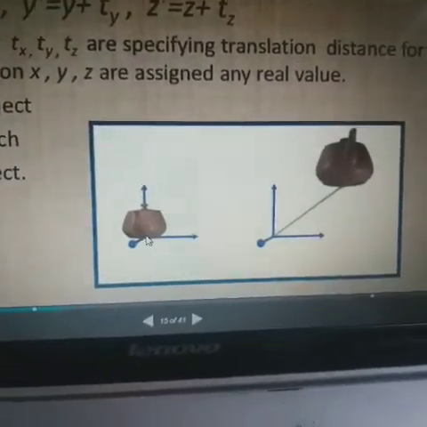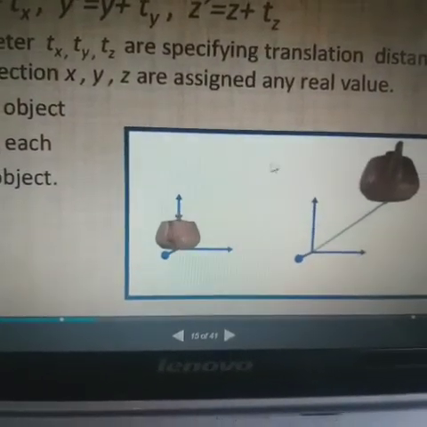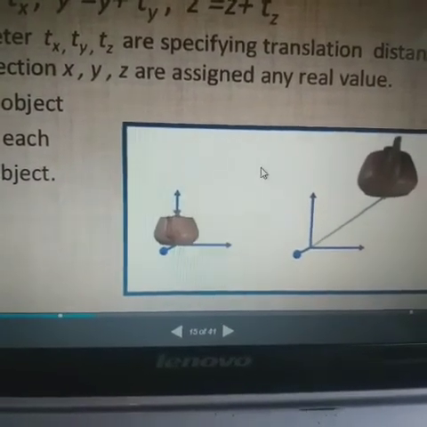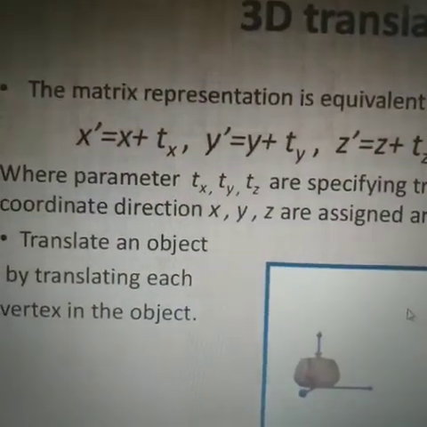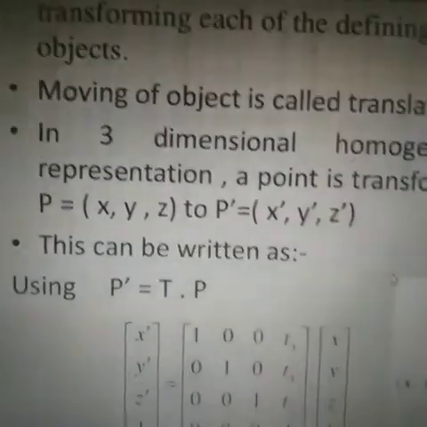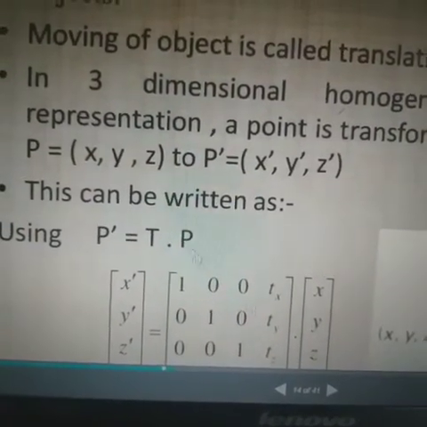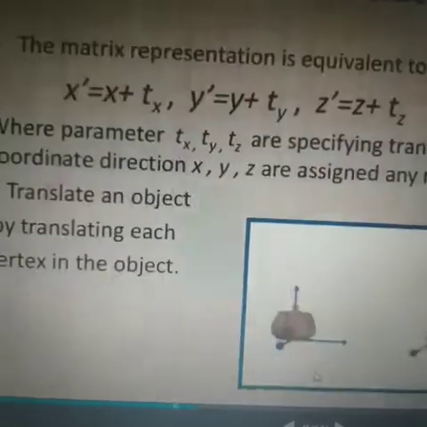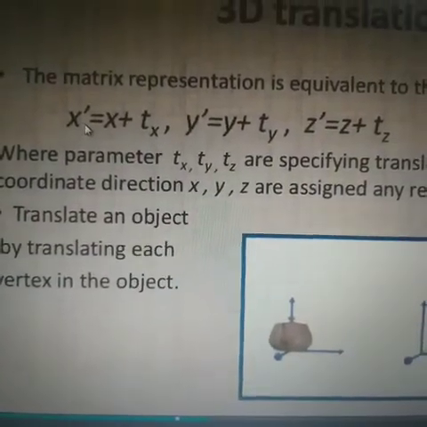We want to translate this object from the origin to away from the origin, and we can easily do that using these equations. The formula is P dash equals T times P. When points are given, we can calculate the new points using these equations.